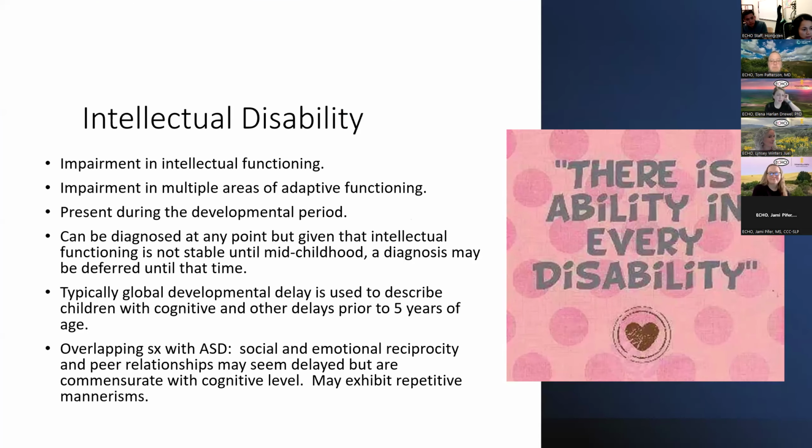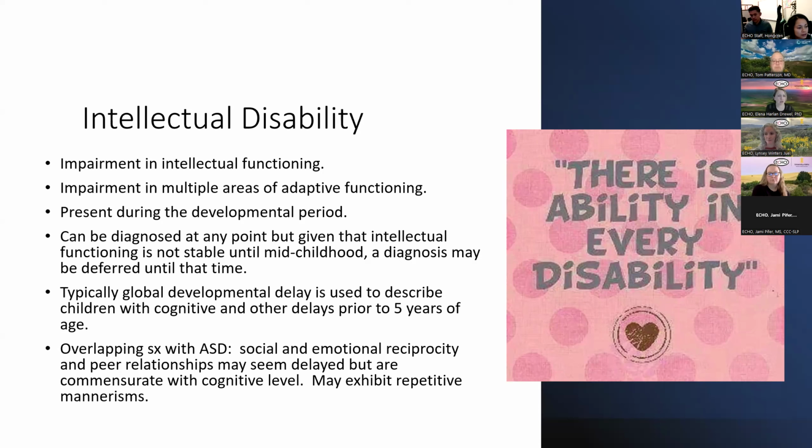And then there's intellectual disability. So that's just defined. And with the young children, we're not going to be diagnosing intellectual disability prior to the age of 5. But for children who have cognitive delay, by definition, they're significantly behind their peers, in the bottom 2 percentile in terms of their cognitive functioning. And they also have impairments in multiple areas of adaptive functioning.